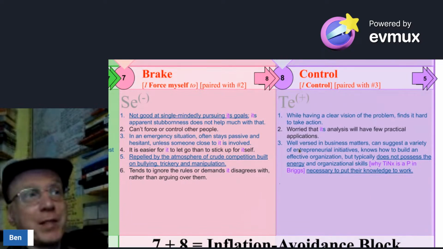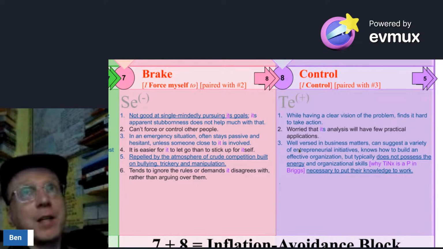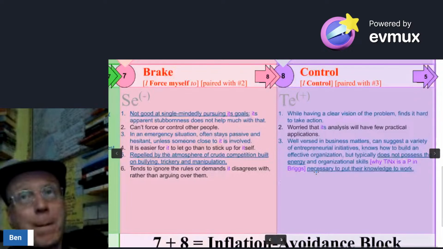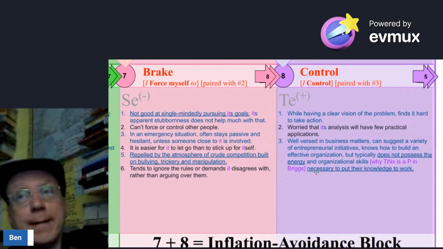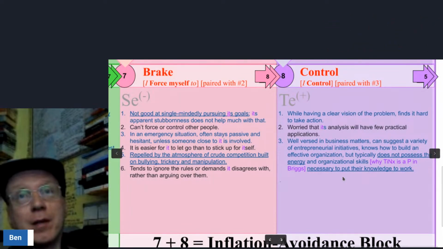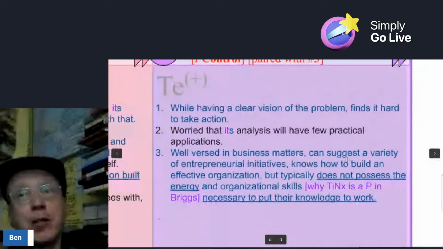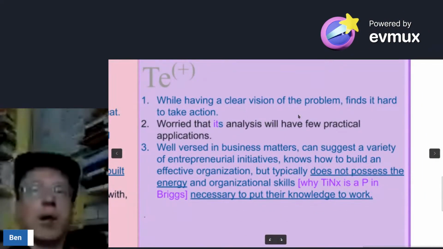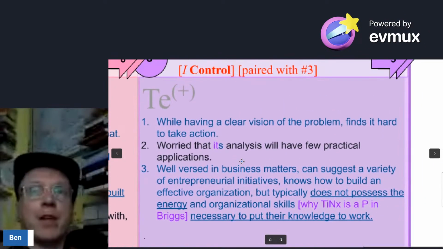Well, especially, let's take mathematics out of it if it's applied, but definitely engineering. There's a lot of TE. Right. So my point here is, you know what this doesn't take into account. Whilst having a clear vision of the problem, it finds it hard to take action.